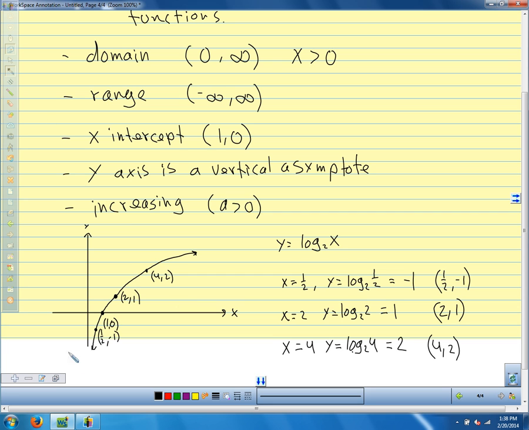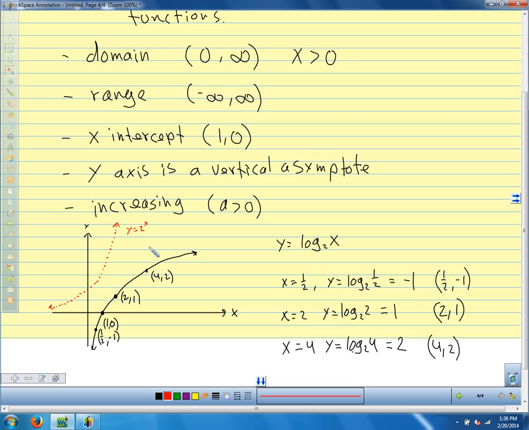And if we look at our line y equals x here, our exponential function looks something like that. So our exponential function is a reflection over the line y equals x. So this would be y equals 2 to the x.